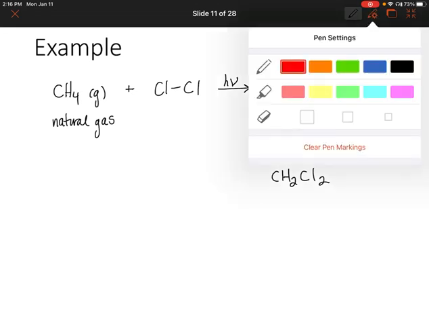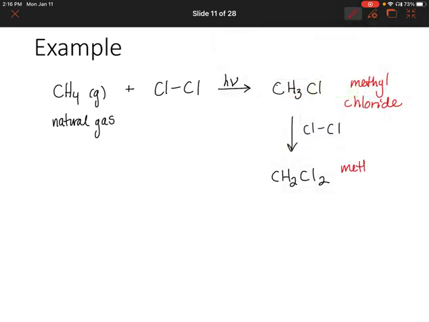And this is called methylene chloride, or dichloromethane, which is something we've used in lab as a solvent. Now you do want to be careful with methylene chloride because it is carcinogenic, but you just want to make sure you're wearing gloves and all that.